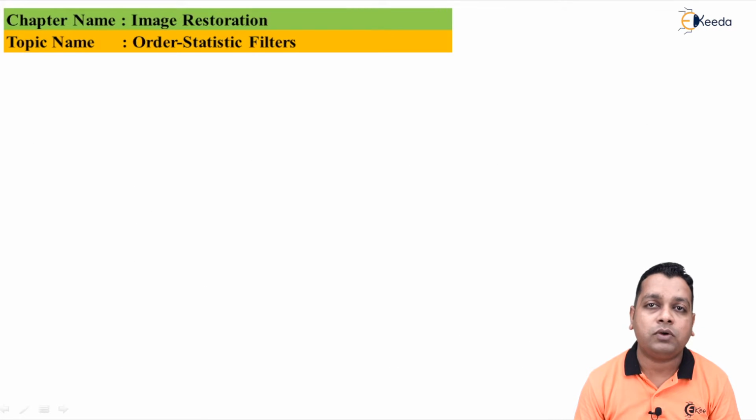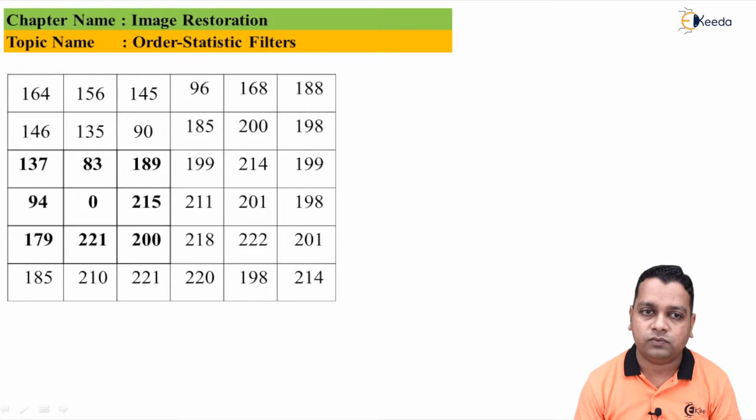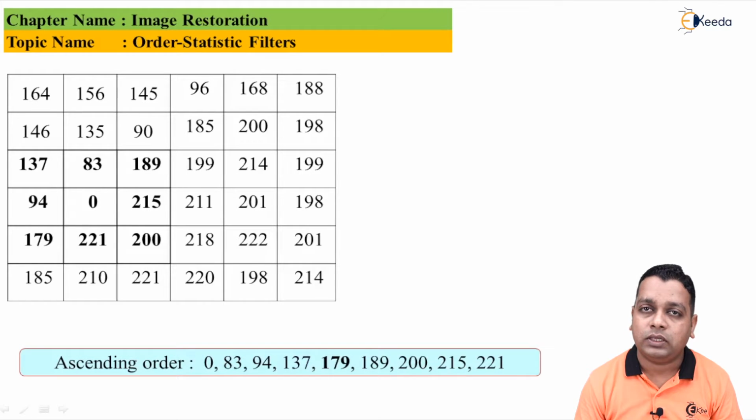This example we have taken for the maximum possible value. On the other hand, take the case that the pixel has 0 value. In the 8-bit environment, 0 is the lowest possible image intensity. This is another kind of polar noise, and it is to be replaced by median filtering. The neighborhood again has 137, 83, 189, 94, 215, 179, 221, and lastly 200.